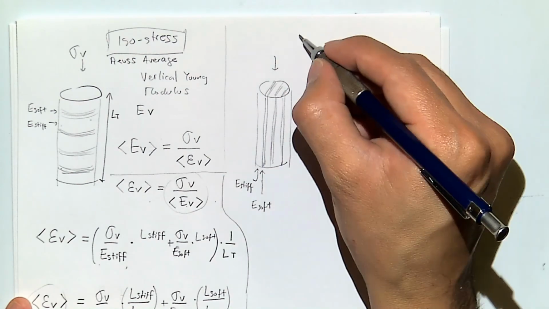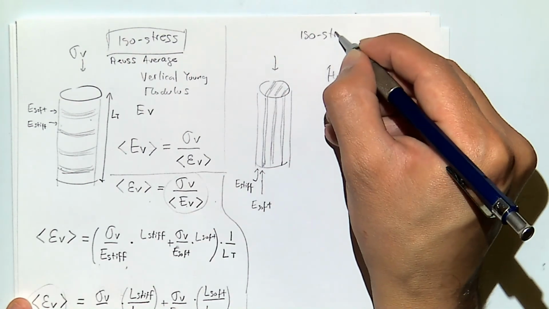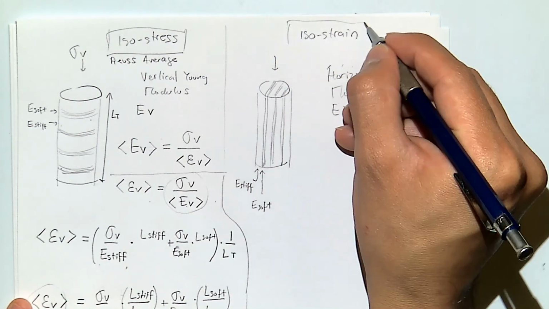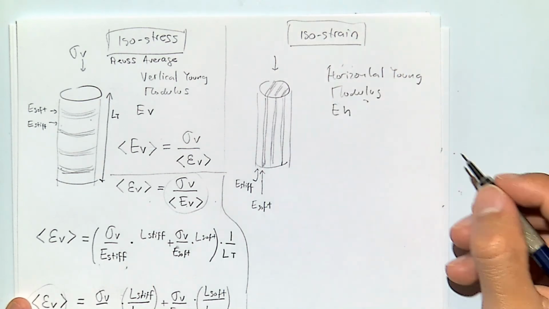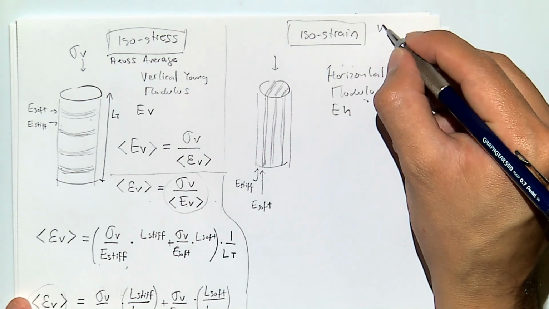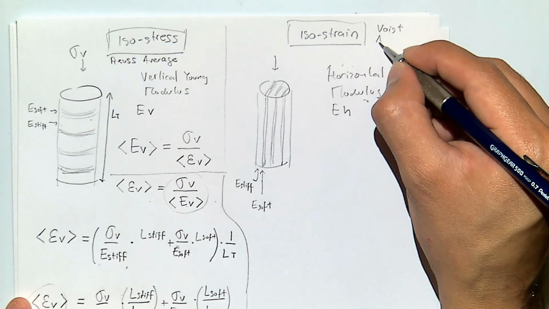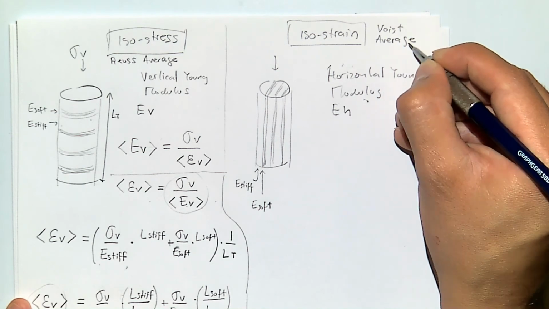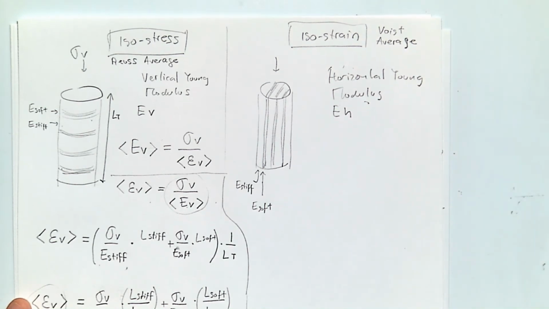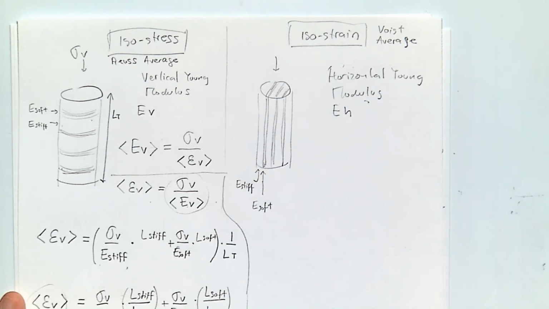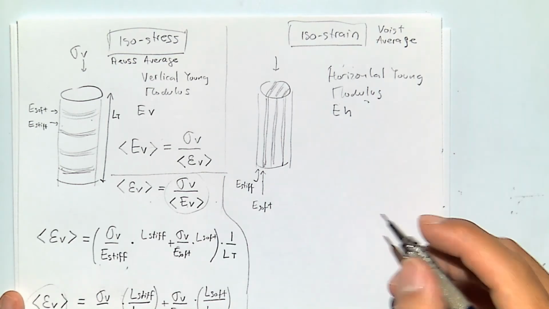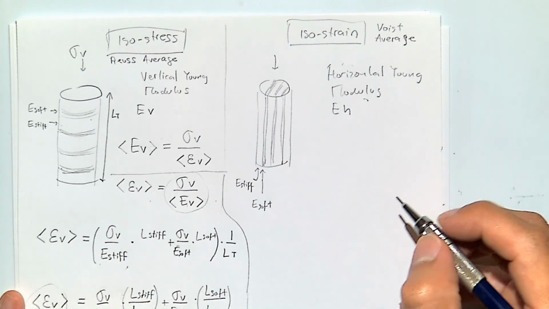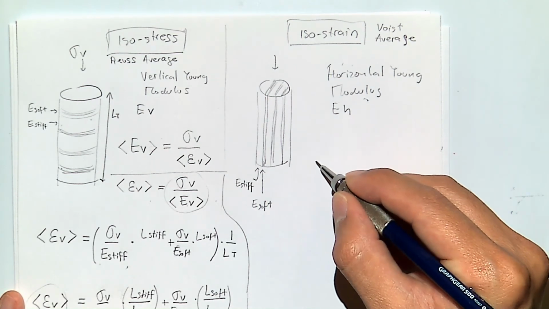The model that we're going to see now is called isostrain, and this one is also called a Voigt average. All right, so in this case, it's a little bit more difficult. And I'm just going to do it 2D because 3D gets more complicated, but it's about the same.